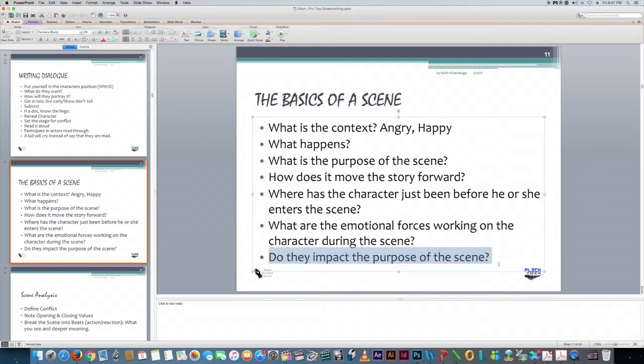So the next question is, once you have the purpose of your scene, how does your character impact your scene? Maybe he's a guy who's just outlandish, doesn't even understand what is going on around him. So you have a character telling him that the relative is in ICU, then he's laughing, ha, ha, ha.